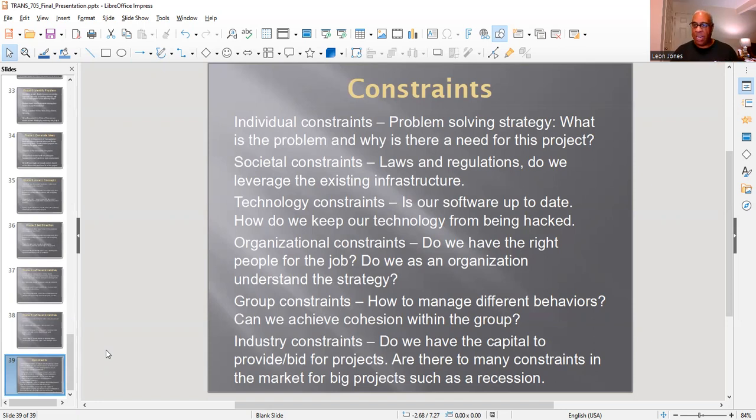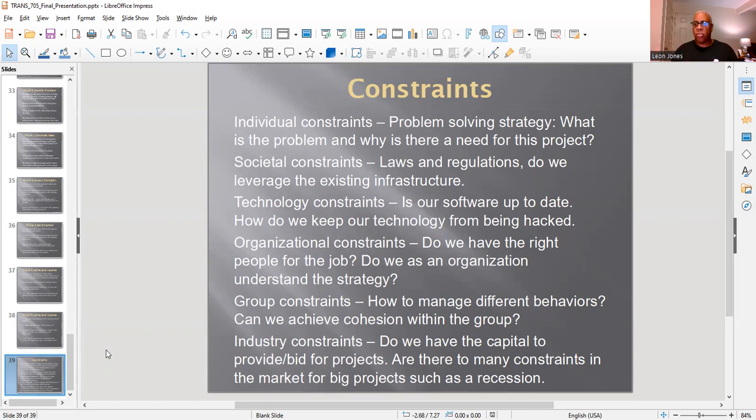There have been many projects that I know that have gotten canceled by certain individuals of society, some real powerful, like your environmental groups. Now, when it comes to technology, then you must understand, is the technology up to date?